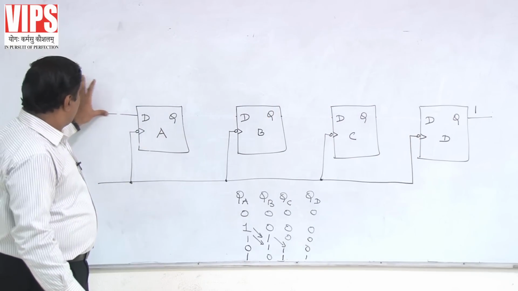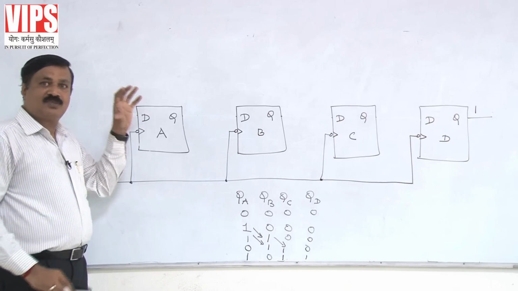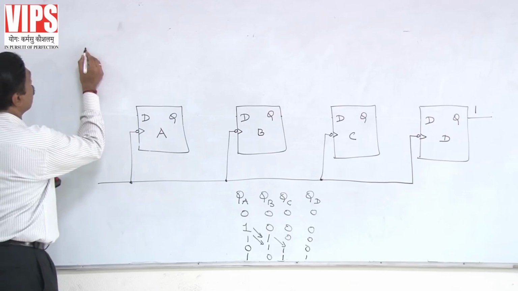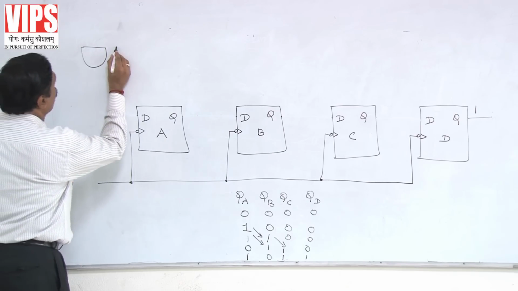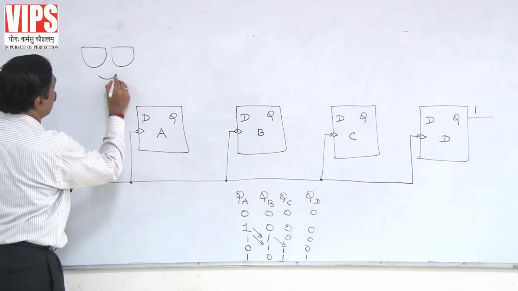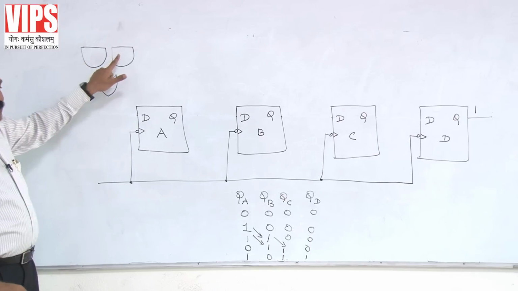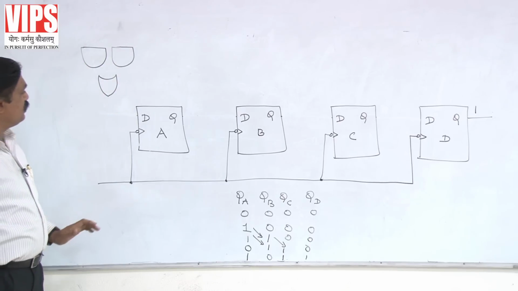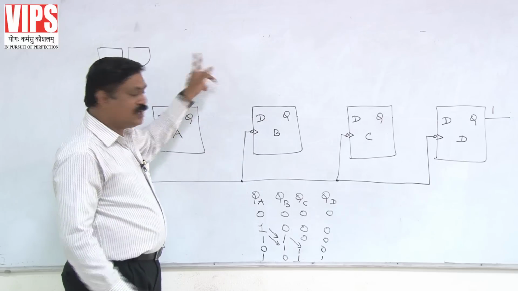In between, what you have to do is draw just like a smiley face: two AND gates, 1 OR gate. Please make sure this output goes to the AND gate.